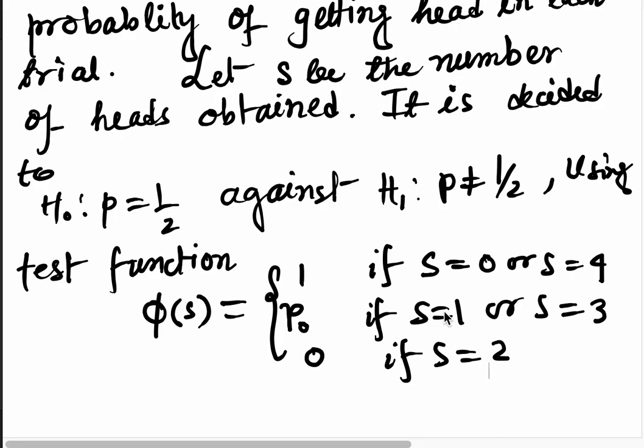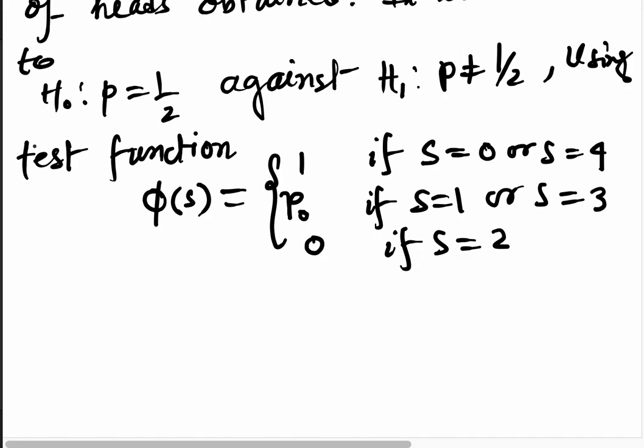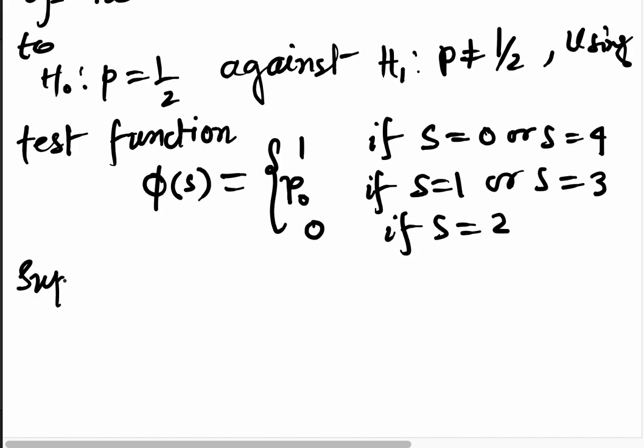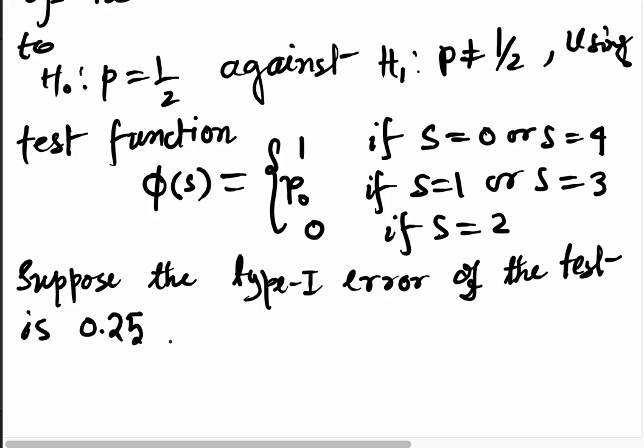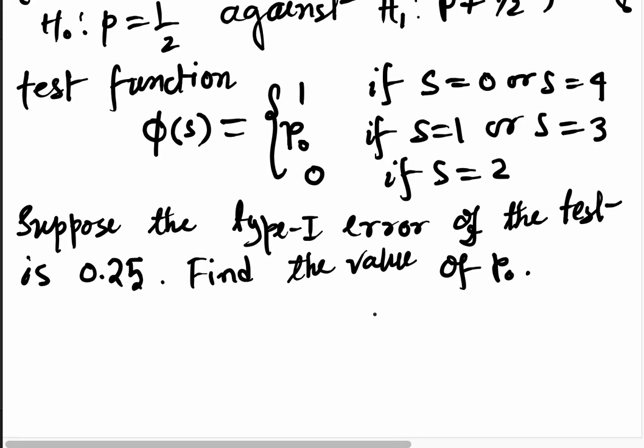So now the question is: suppose the type 1 error of the test is 0.25, find the value of p0 if the type 1 error is 0.25.